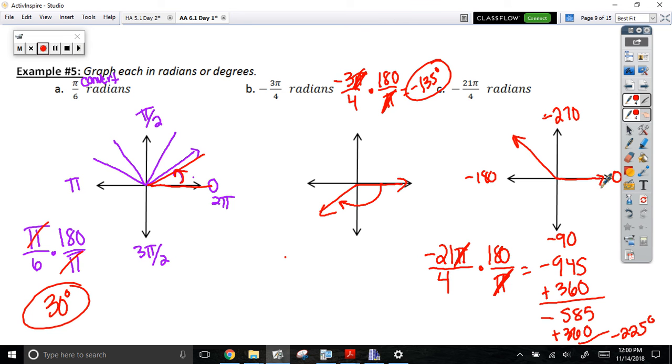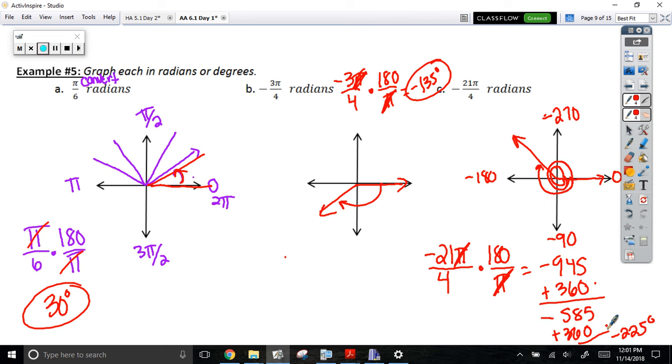So again, I'm going to draw my arrow, go around once, twice, and end over there. The 360, I went around once, then I went around a whole second time because I have 360 and 360, and then I ended on 225. So it should have 2 full loops and then a partial.